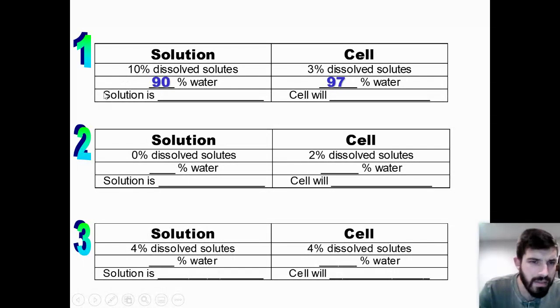So now this solution here, is this a hypertonic solution, a hypotonic solution, or an isotonic solution? Compare the percentages of water to help you figure it out. Which one has more water? Which one has less water?